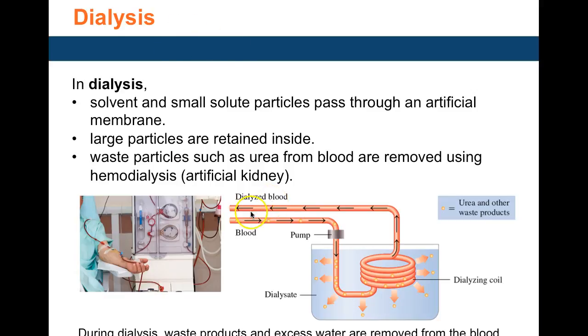And therefore, what you're doing is taking the impure blood and pumping it through a dialyzing coil, which is a semi-permeable membrane. And the dialysate would be something that would draw out all these impurities, including excess water. Okay.